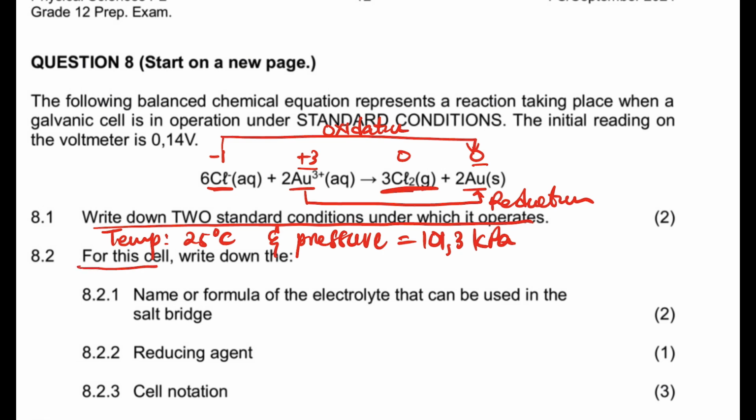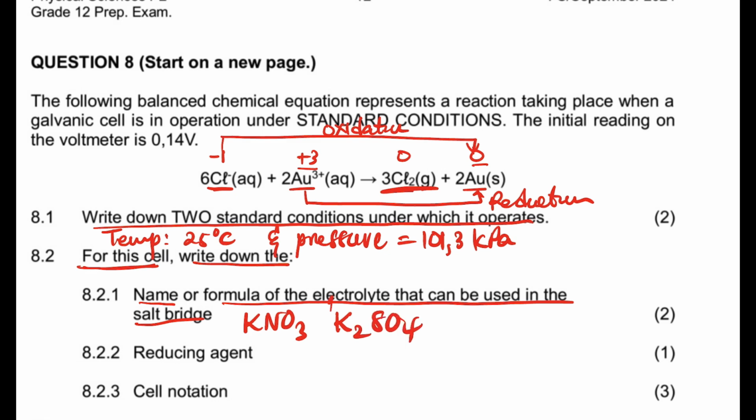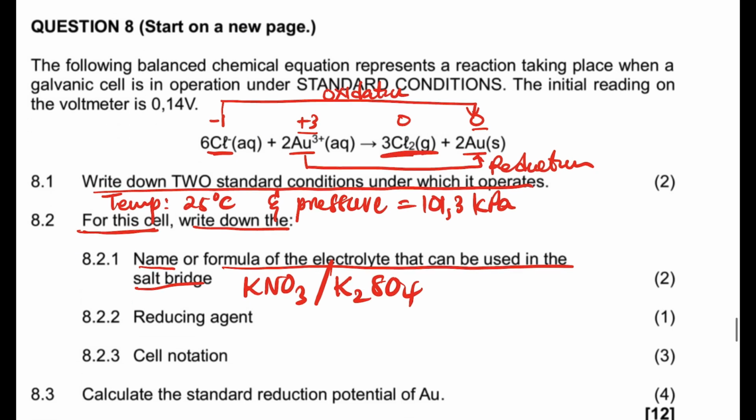Now it says write down, for this cell, the name or the formula of the electrolyte that can be used in the salt bridge. We can use potassium nitrate, right? Or potassium sulfate, any soluble salt, you can use it.